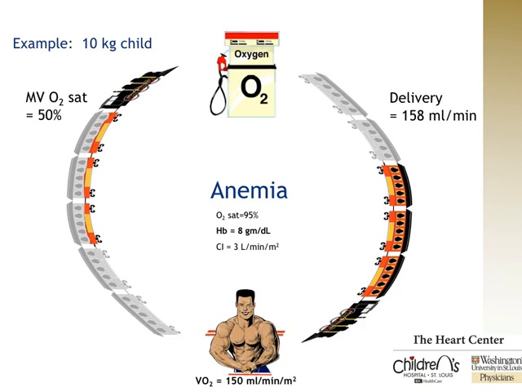So the real important issue is the difference between arterial and mixed venous oxygen saturation. And if that difference widens, the mixed venous saturation being lower, that's telling us that oxygen delivery may be inadequate. And it's due to one of those three components or a combination of them.